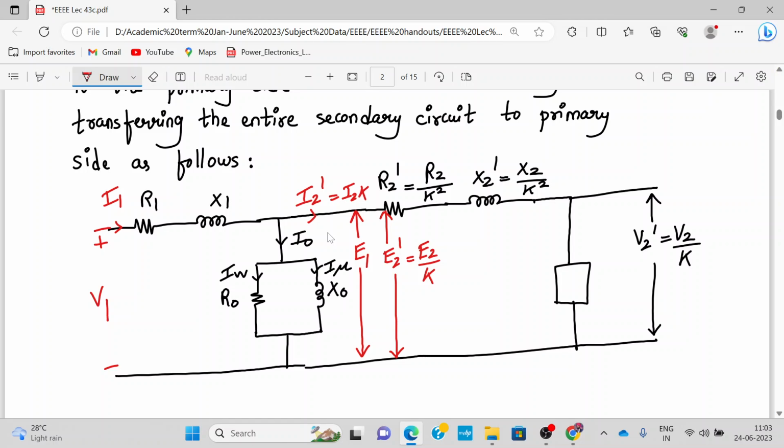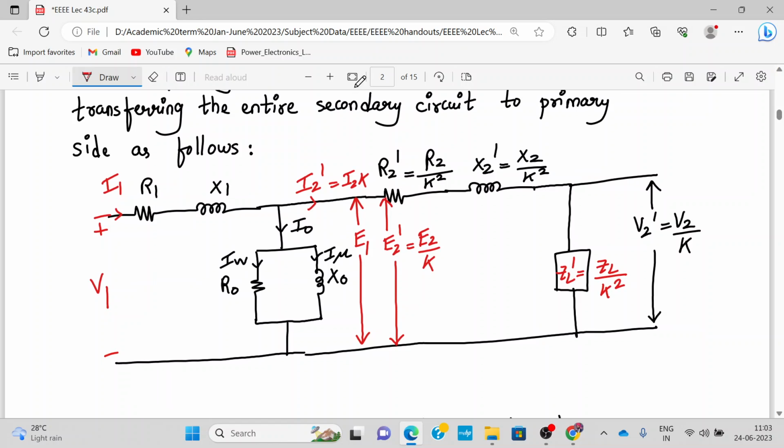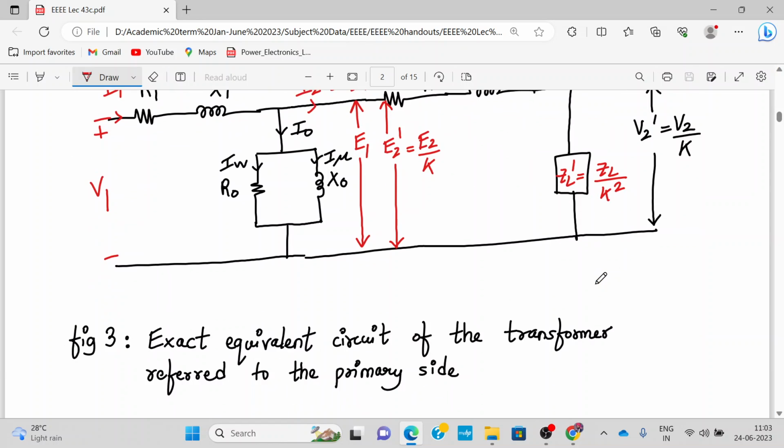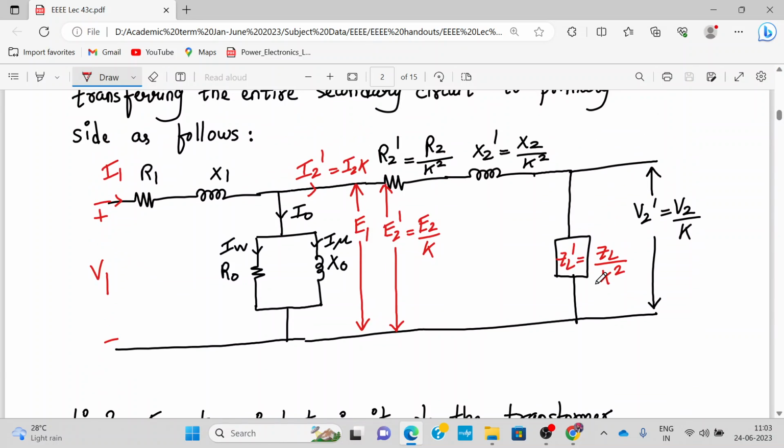Then this is X2 dash, R1, R2 dash, that is there. Then ZL dash will be ZL upon K square. So if the load has an impedance, it will be divided by K square. So this is the entire exact equivalent circuit of the transformer referred to the primary side. Alright. And we call this figure number 3. So that's how you draw it.